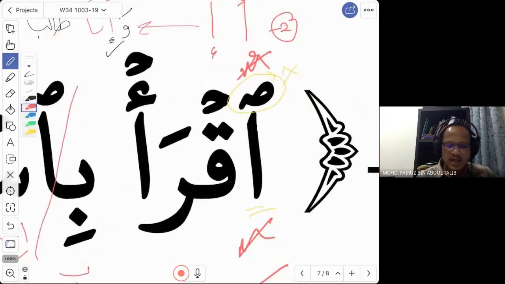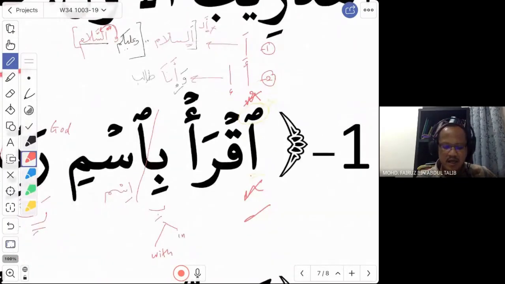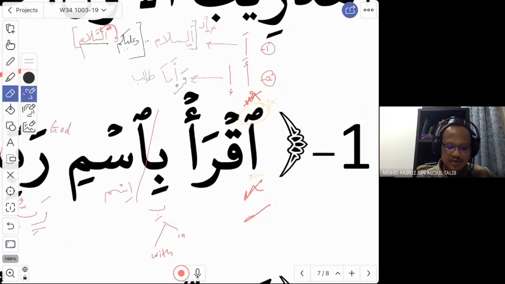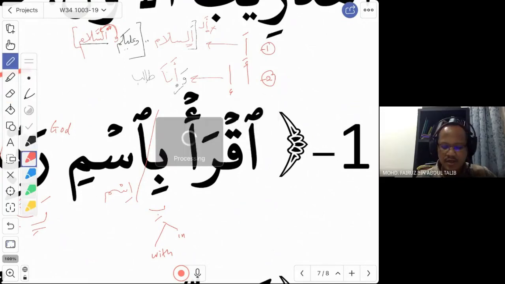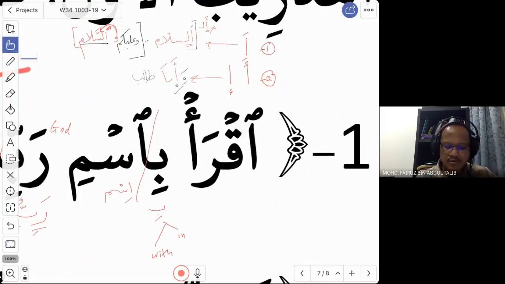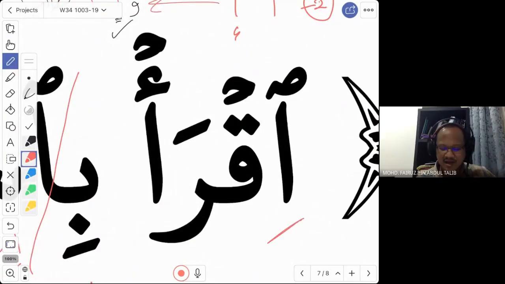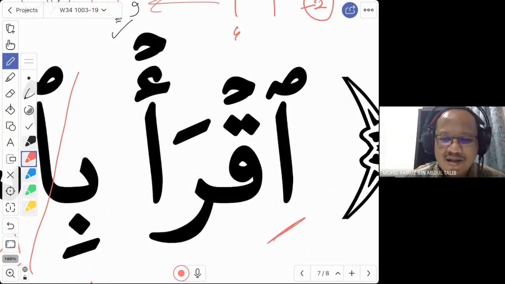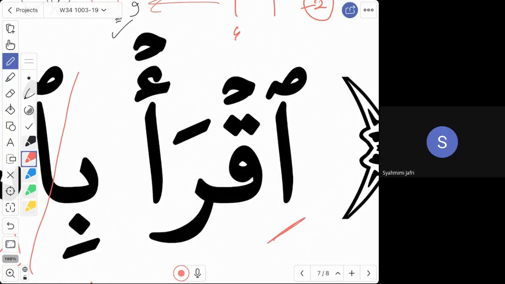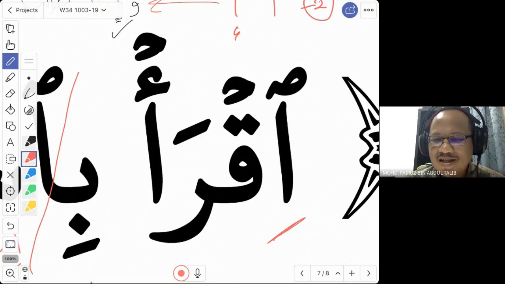So how do you know whether this is ikra, akra, or ukra? The alif with this symbol, how do you know it is akra? How do you know it is ikra? And how do you know whether it is ukra? See the next huruf, which is the letter qaf.